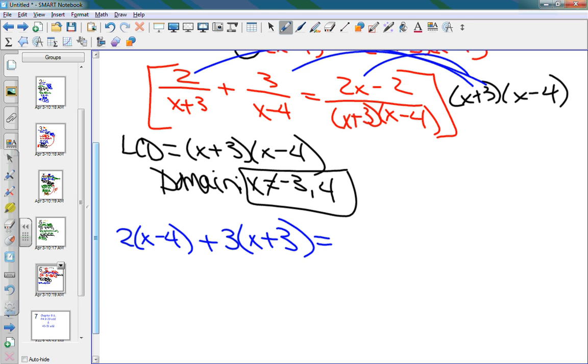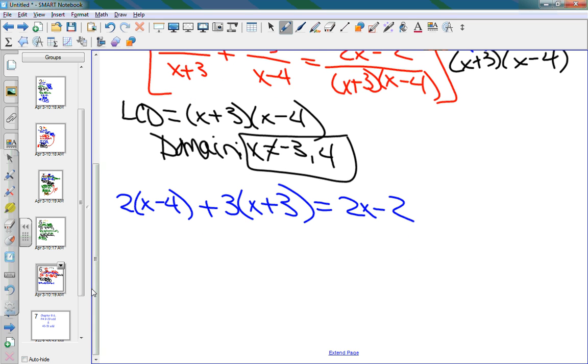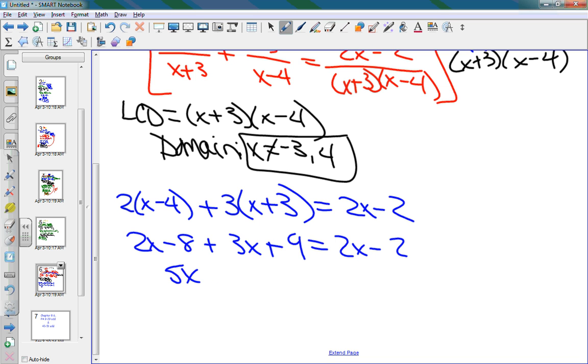It's equal to, what's the last one here? 2x minus 2. Okay, folks, what do I need to do? Distribute. 2x minus 8 plus 3x plus 9 is equal to 2x minus 2. CLT, combine like terms, 2x and 3x, 5x, negative 8 and 9 give me positive 1, is equal to 2x minus 2.